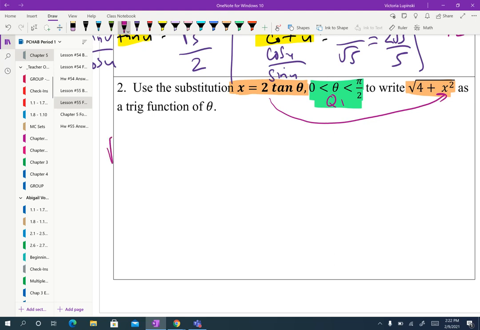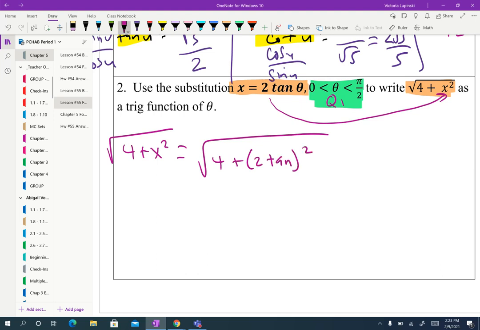So the square root of 4 plus x squared is now going to become the square root of 4 plus 2 tangent theta, the whole thing squared. Okay, so now when you go ahead and square, you're going to get 4 plus, square the 2, you get a 4.